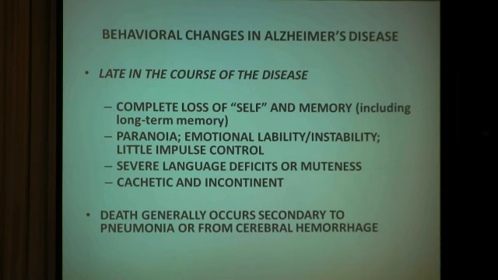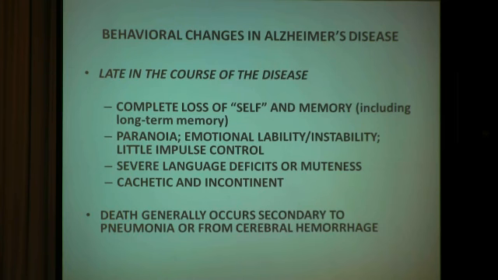This is a normal thing that happens. If you're bedridden and not moving and you forget how to swallow, you're building up all kinds of secretions in your lungs that are full of bugs. And so you get infections, get pneumonia, and die secondarily from that, or from cerebral hemorrhage.